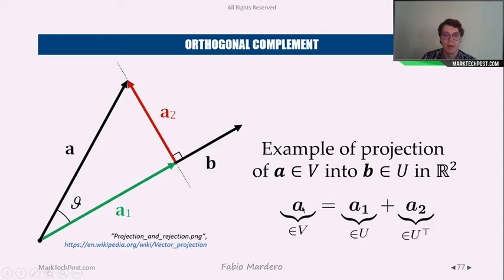How can we express this generic vector A that lies on V? Well, it can be expressed with a vector A1 that stays in U and another vector A2 that is perpendicular, orthogonal to our subspace.